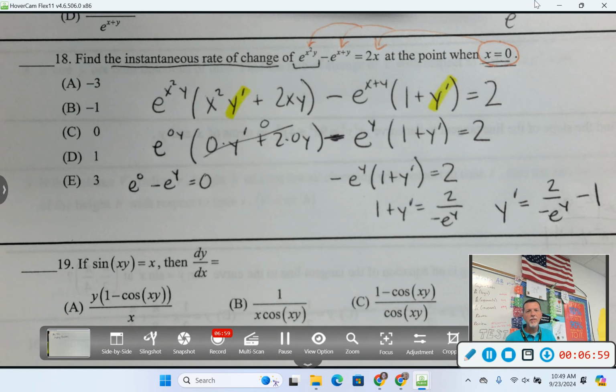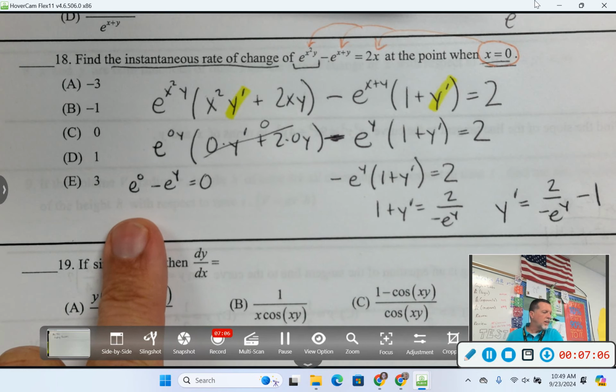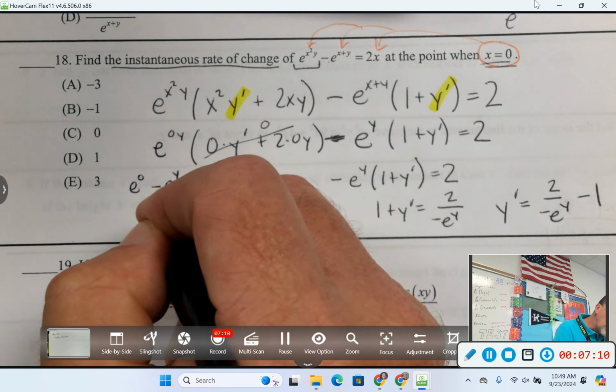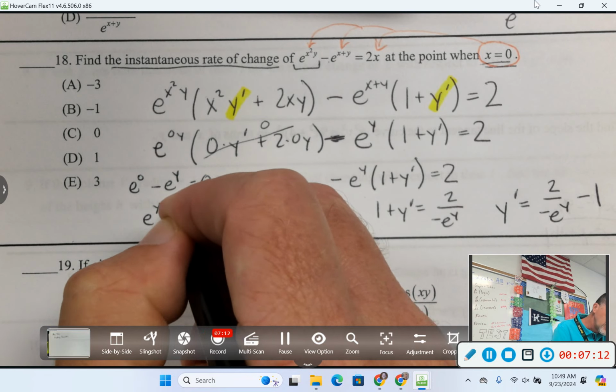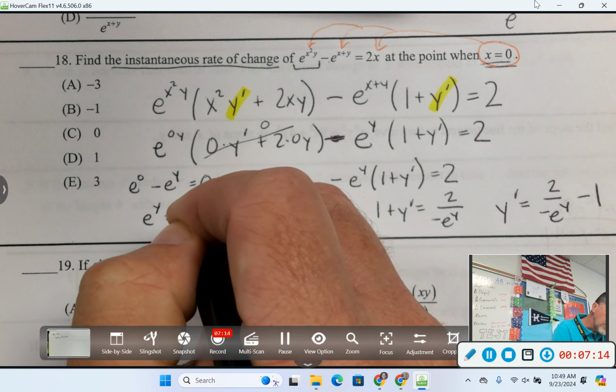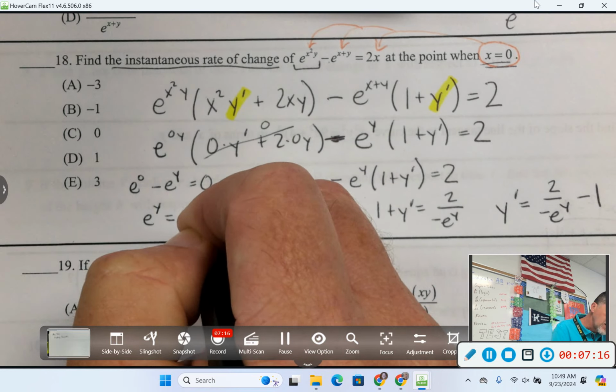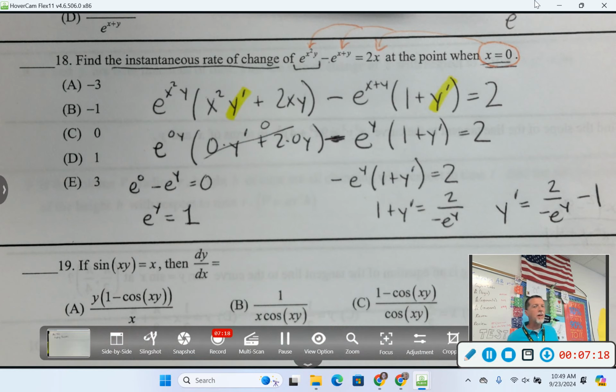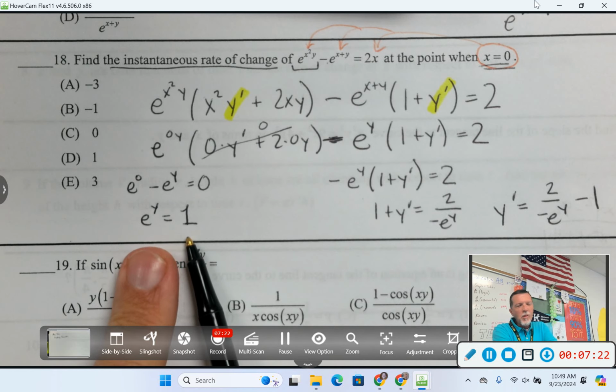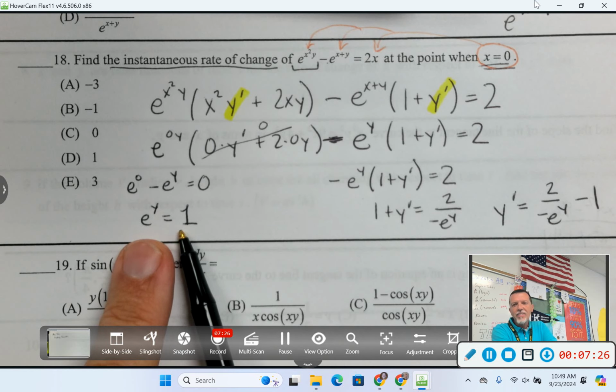0 plus y is y. And 2 times 0 is 0. I better be careful here. What's e to the 0 equal to? 1. So what's e to the y equal to? Move things around. Yeah, e to the y is positive 1. I'm peeking ahead, so that still doesn't tell me what y is. But oh, I guess it does.